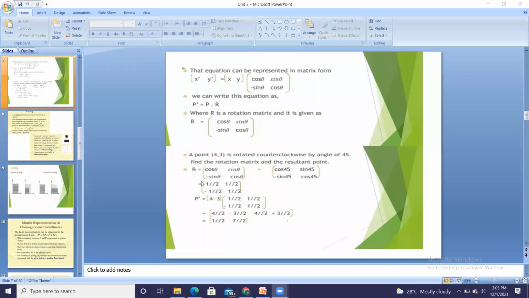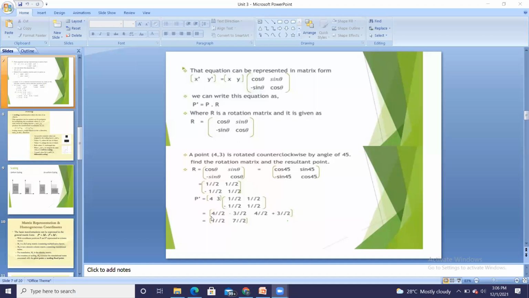And then you have to multiply your original value 4, 3 with the T matrix, and then you will get the resultant P dash. So after performing the multiplication, I am able to get the result of P dash as 1 by root 2 and 7 by root 2.